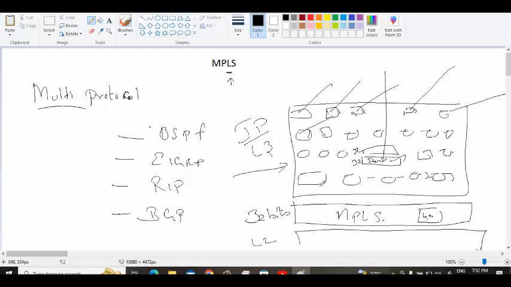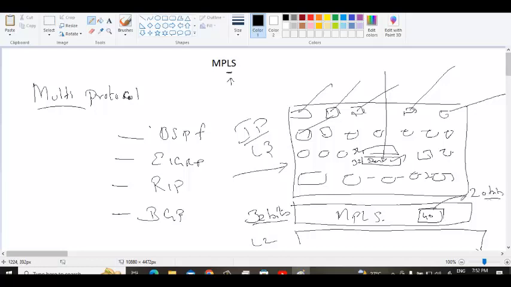Thousands of bits you need to read. But here only 32 bits you read. In that you will find one label which is only 20 bits. The label is only 20 bits out of 32 bits.